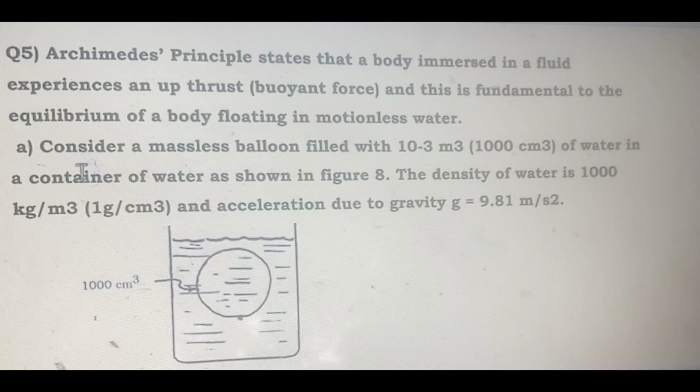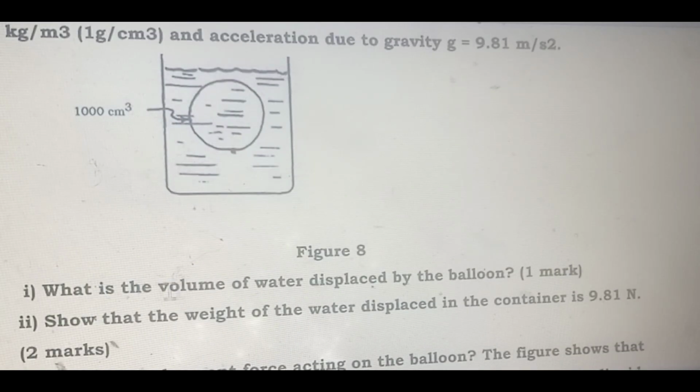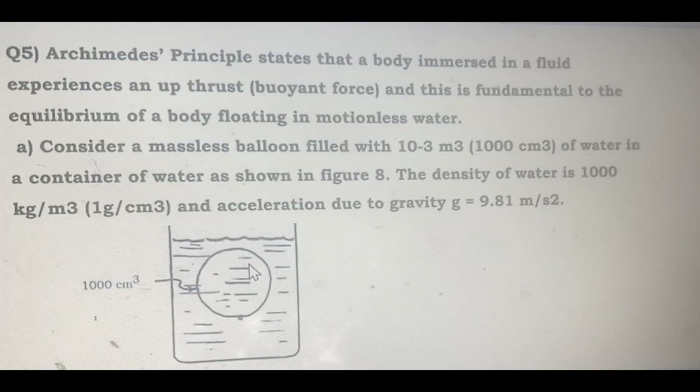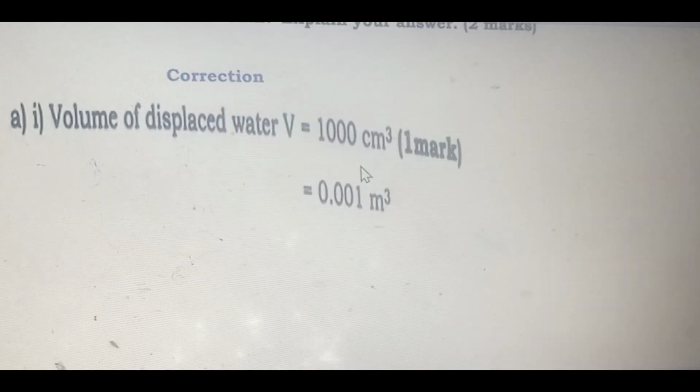According to those theories, we are going to answer the question: what is the volume of water displaced by the balloon? The volume of water displaced by the balloon is equal to the volume of the fluid, as you see in the correction. The volume of displaced water is equal to 1000 centimeter cube, and we put this into the standard unit of volume.